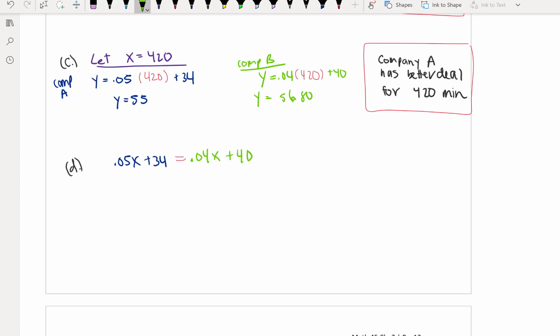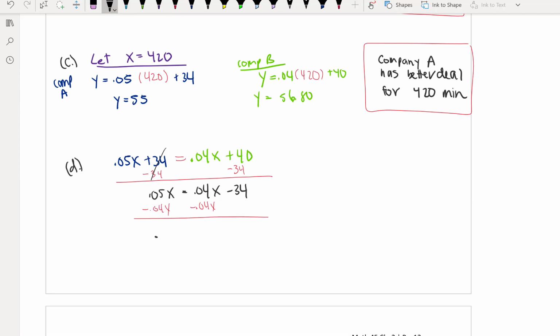So we just want to make sure that we isolate one of the variables here. So let's go ahead and subtract 34 from both sides. When I do this, I'm going to get 0.05x is equal to my 0.04x minus 34. So the next thing I'm going to do is subtract my 0.04x from both sides.